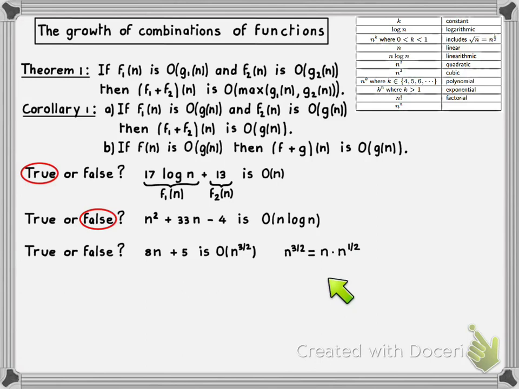And therefore, this product clearly grows faster than n. Again, in conclusion, since this function is big O of n, and this function grows faster than n, then this polynomial function is big O of n to the power 3/2.